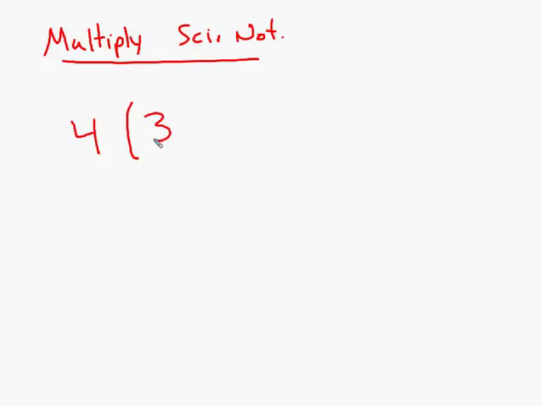All right, so we're on the last thing: multiplying. Okay, here we go. Let's say I have 4, and then in here I have 3.5 times 10 to the 6. All I have to do is distribute.